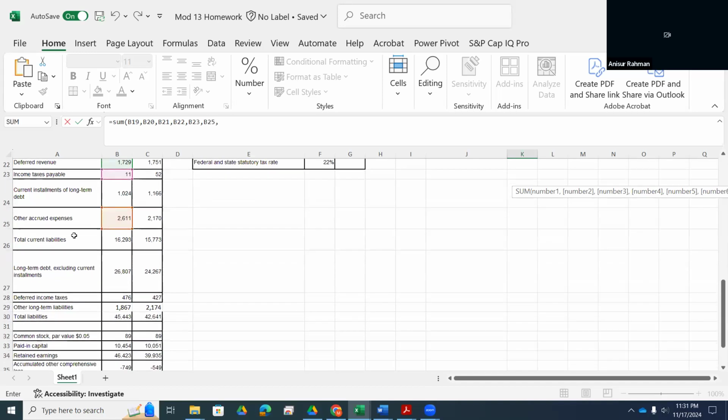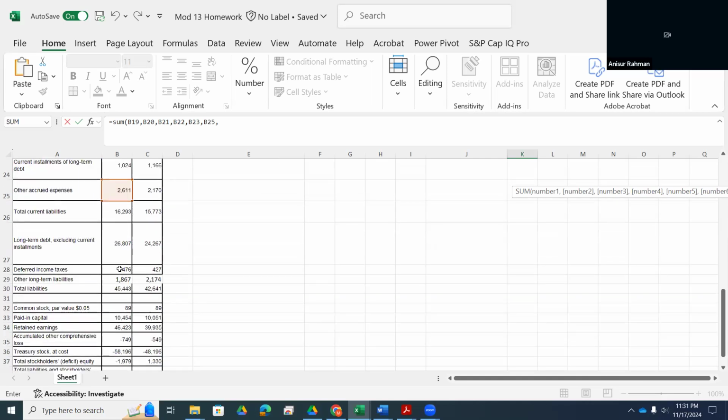So skip total current, skip debt, deferred income taxes, yes, other long-term, yes. So that's all.